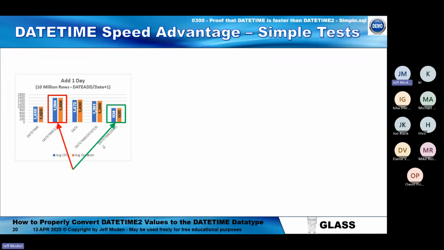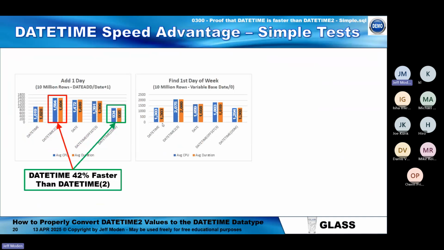And that is a substantial difference right there. Instead of taking 1.6 seconds, it took less than a second, 934 milliseconds. So in this case, that's 42% faster than DateTime. And again, we're only using 10 million rows here.